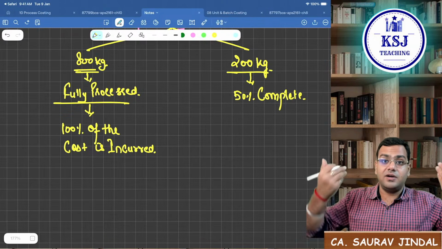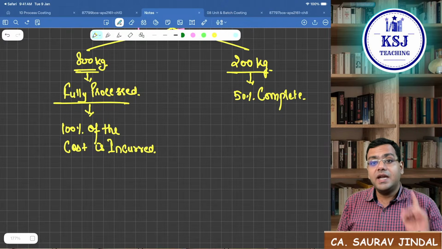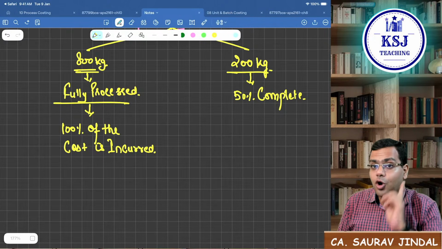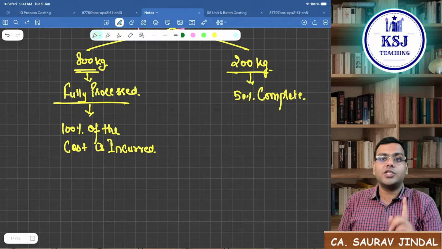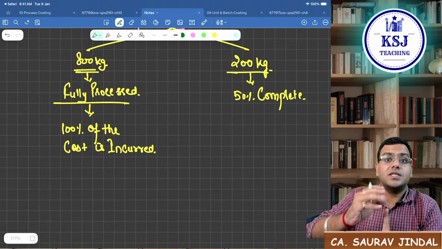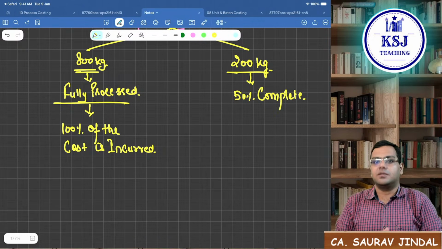It doesn't mean that 100 kg is fully processed. No, sir. It means that whatever is the cost to be incurred, 50% of that cost has been incurred.